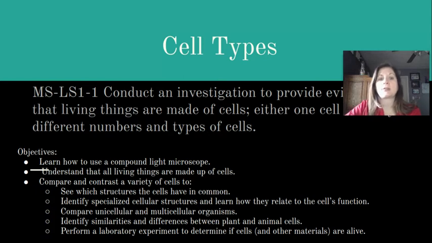You're going to understand that all living things are made up of cells, and you need to compare and contrast a variety of cells in order to see which structures the cells have in common, identify specialized cellular structures and learn how they relate to the cell's function, compare unicellular and multicellular organisms, identify similarities and differences between plant and animal cells, and perform a laboratory experiment to determine if cells and other materials are alive.